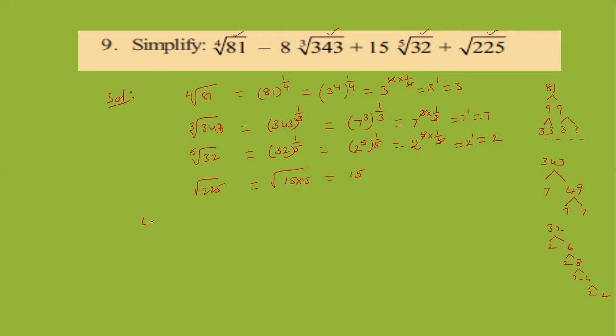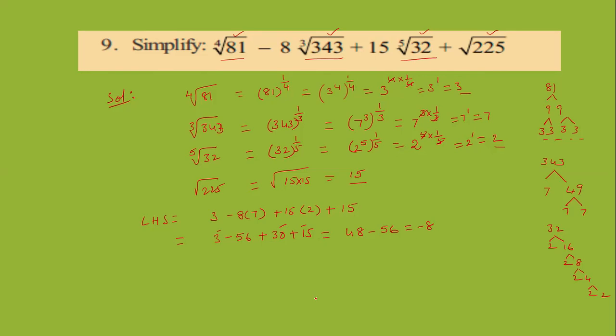Now you substitute the values. In the first term, on behalf of the 4th root of 81, what we get is 3. So 3 minus 8. What is the second term? The cube root of 343. On behalf of the cube root of 343, we get 7.